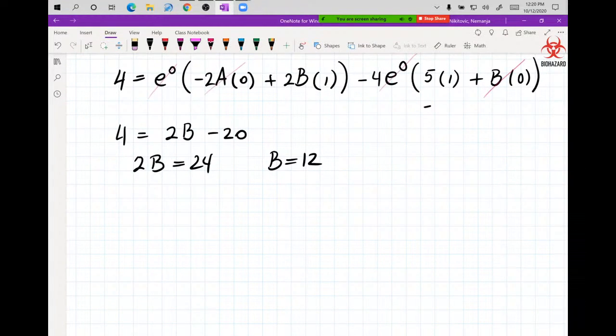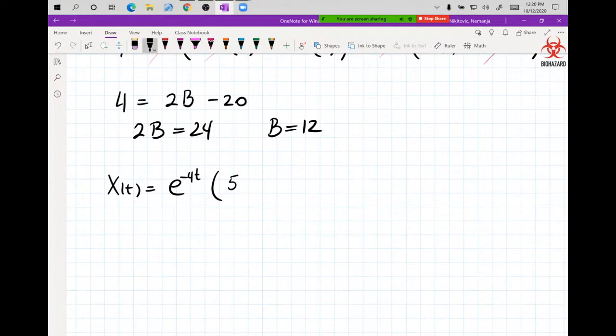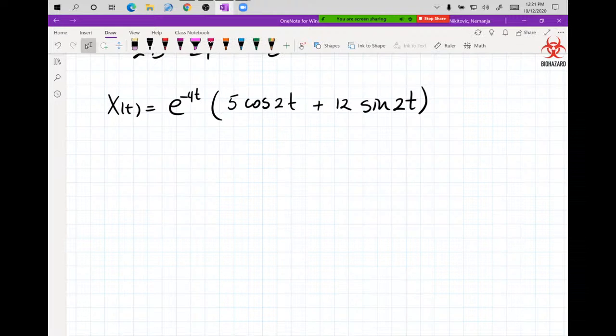So now I can write my particular solution as e to the negative 4t, a was 5, cosine of 2t plus 12 sine 2t. And there you go.